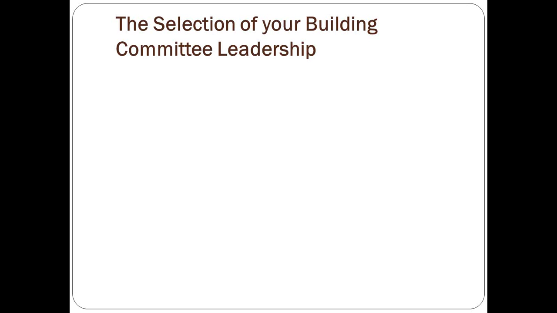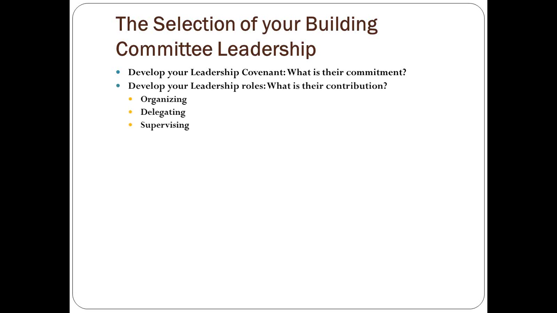Well, the selection of your building committee leadership involves more than just the chairman of your executive building committee, but understand that in this structure, each committee member is leading other groups. And so you want to develop your leadership covenant that goes right along with your building committee covenant, and make them understand what their commitment is.